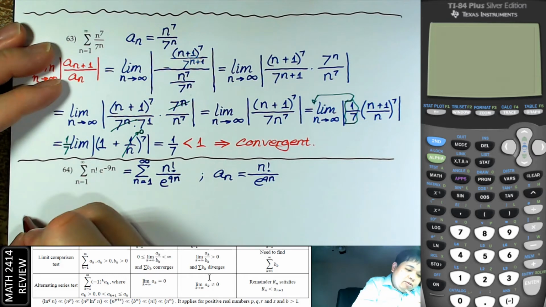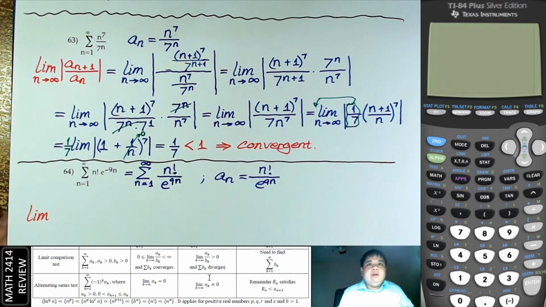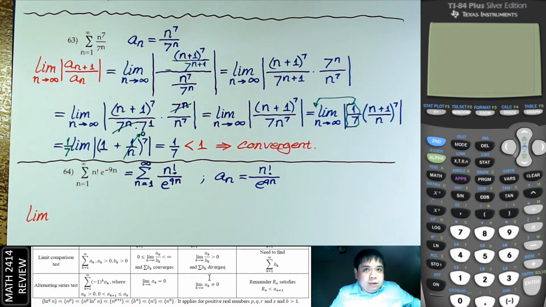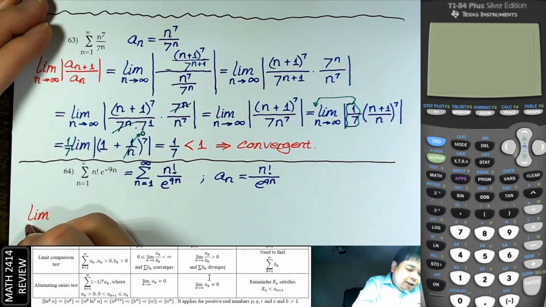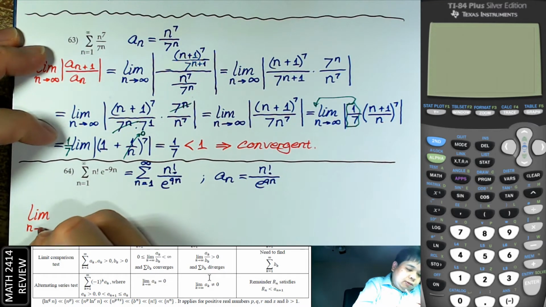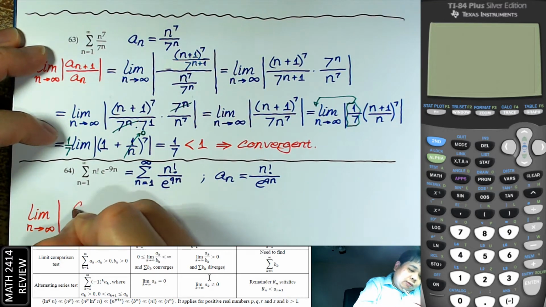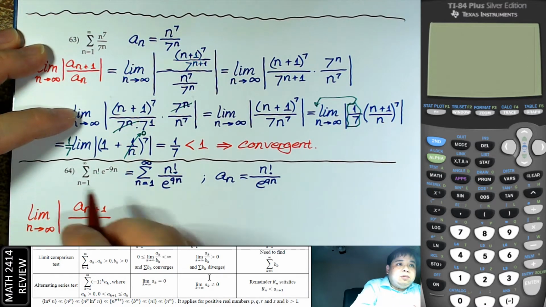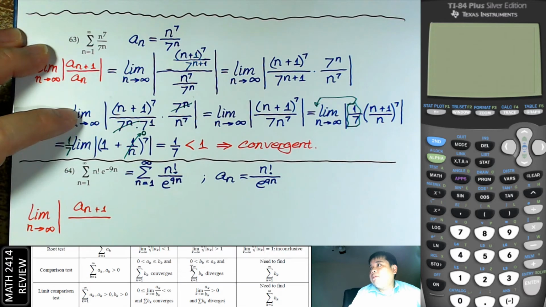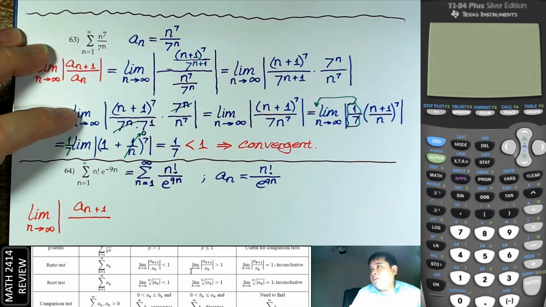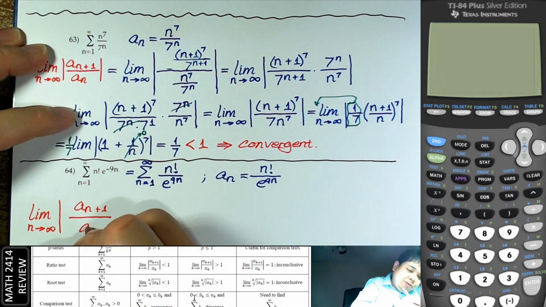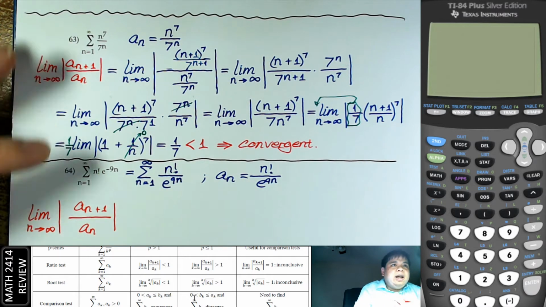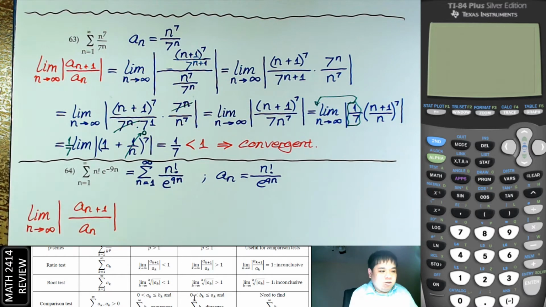Right, now we find the limit of the ratio. Yeah, the index here we have k or n, doesn't really matter.